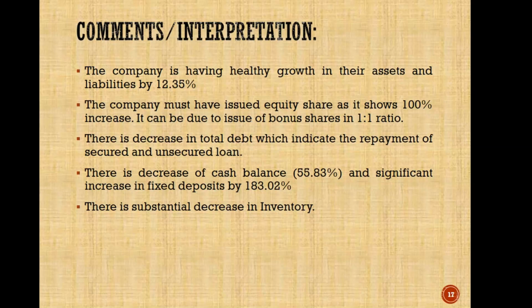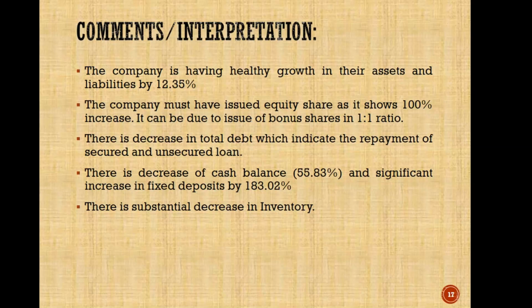That means the company must have repaid their loan. Not all the amount, but some part of it they must have repaid. So that's why we have done a comment on this, that there is a decrease in total debt, which indicates the repayment of secured and unsecured loans.